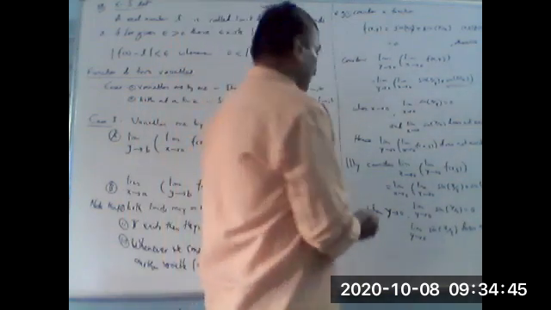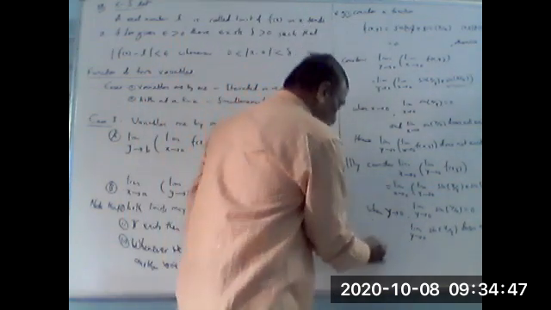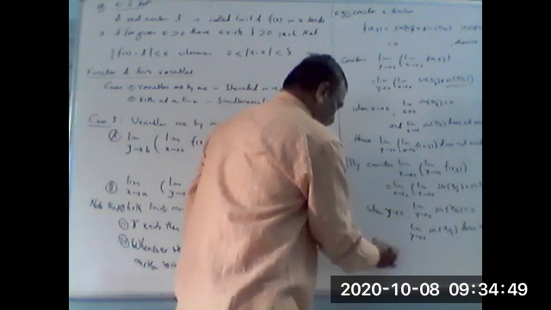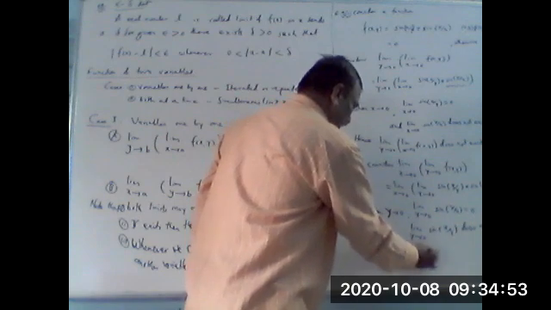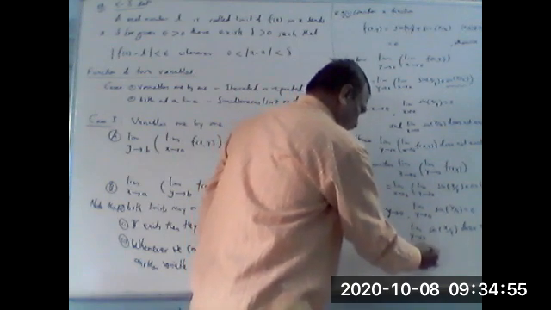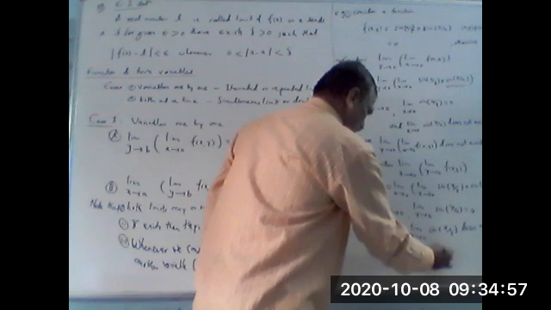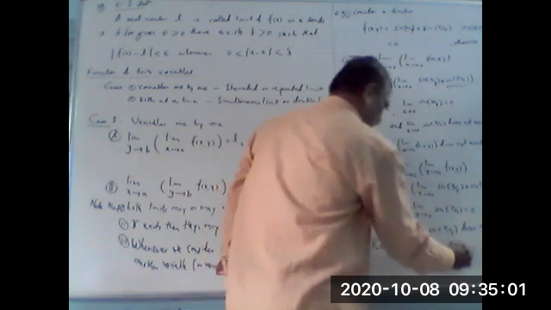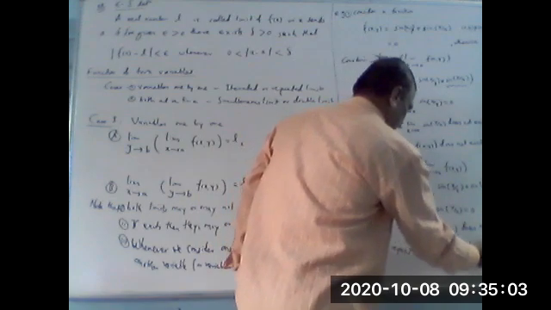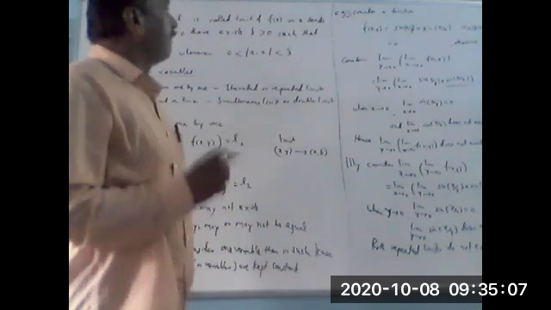Then here in this case, both repeated limits do not exist.